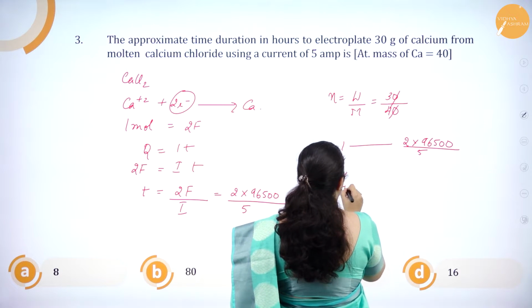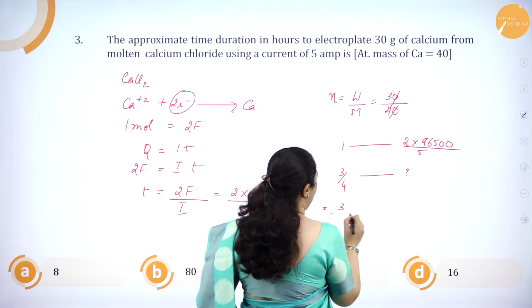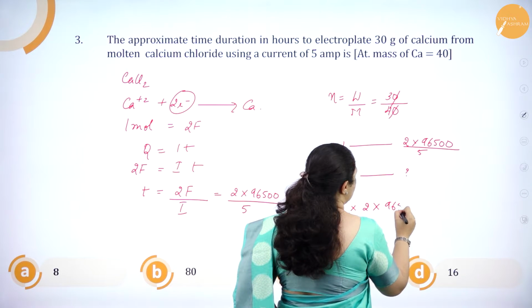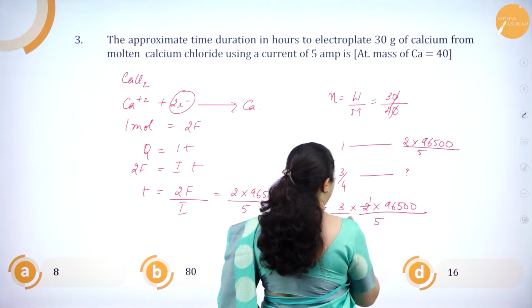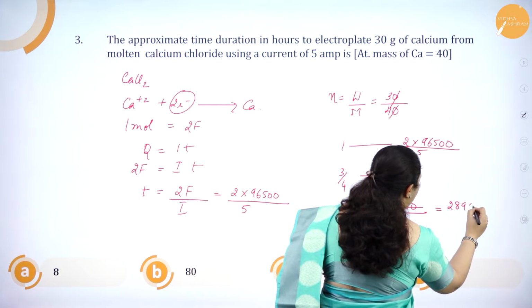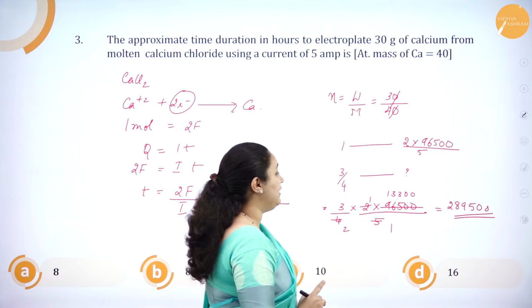So for 3 by 4, I'll have to just multiply 3 by 4 into 2 into 96,500 divided by 5. You will get the answer as 28,950 seconds. This is in seconds, remember, we need it in hours.